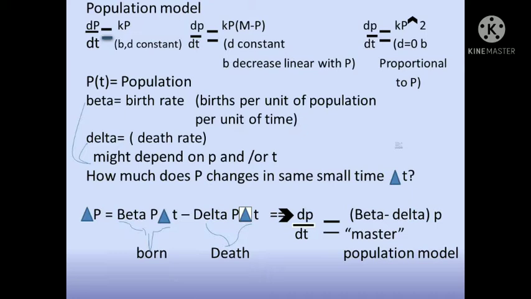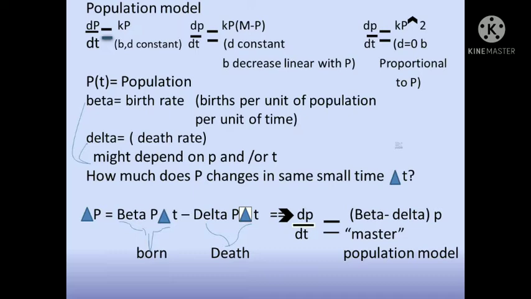Now a unit of population could be anything from a single individual to 10,000 individuals to 20,000 microorganisms or bacteria.